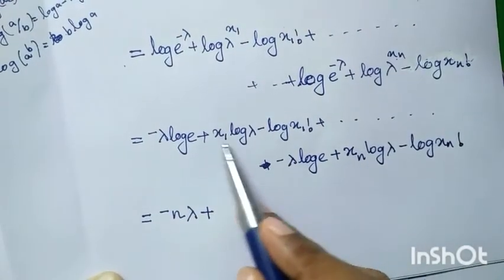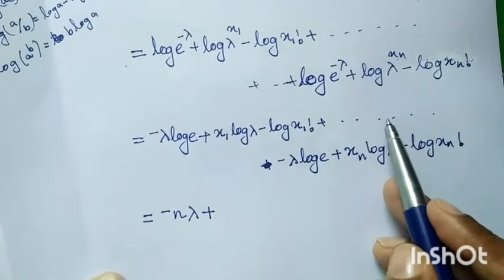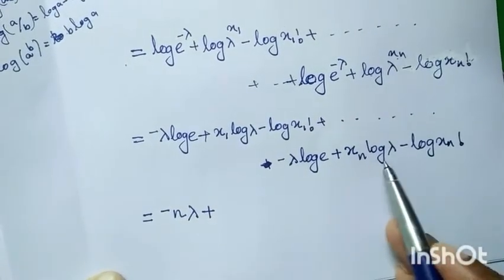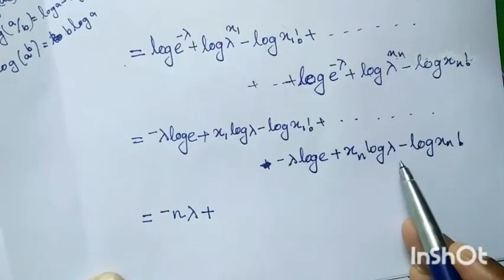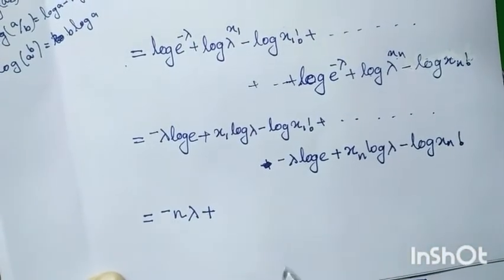Now from these terms, that is x1 log lambda, here x2 log lambda will come, and finally we have xn log lambda. From here I am going to take log lambda as common.